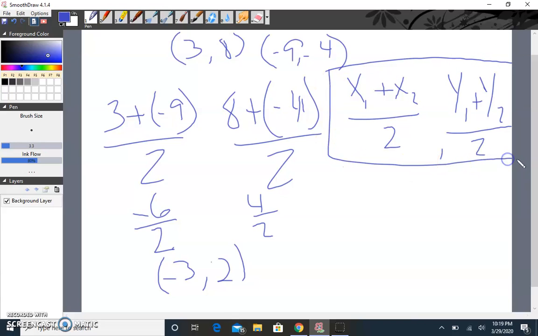We've got to figure out our x1 plus x2 divided by 2, our y1 plus y2 divided by 2. That gives you a new x and a new y. These are 2 formulas that you're going to have to memorize. By knowing those formulas, you'll be able to figure out how to do each of the midpoint and the distances for this lesson.